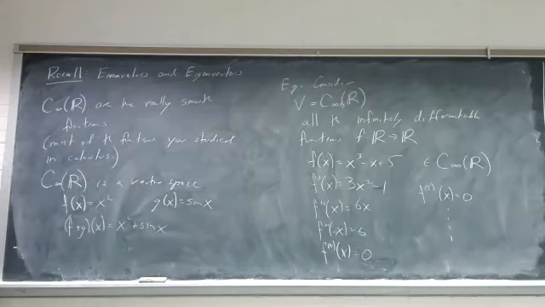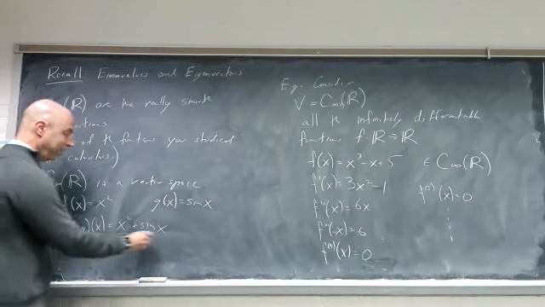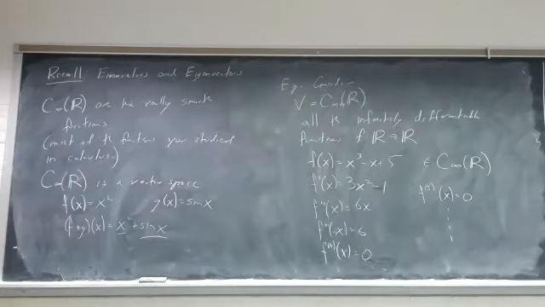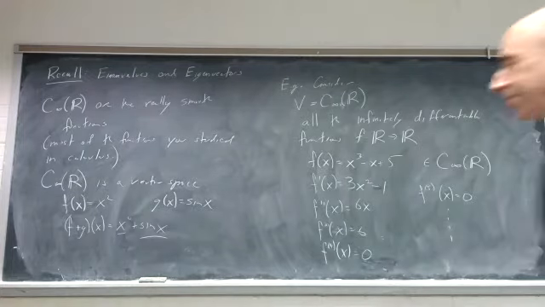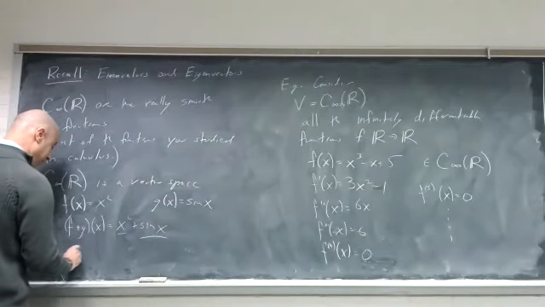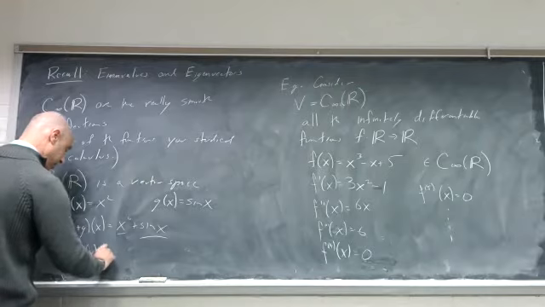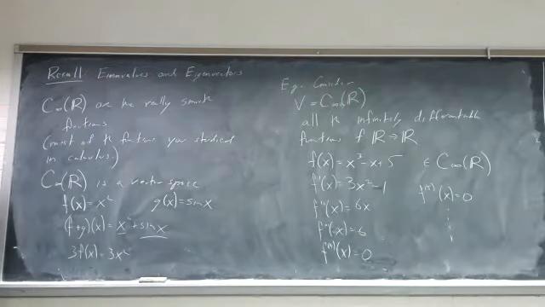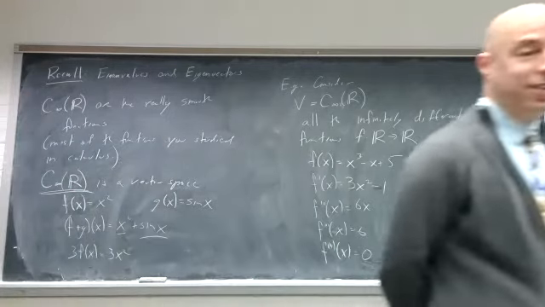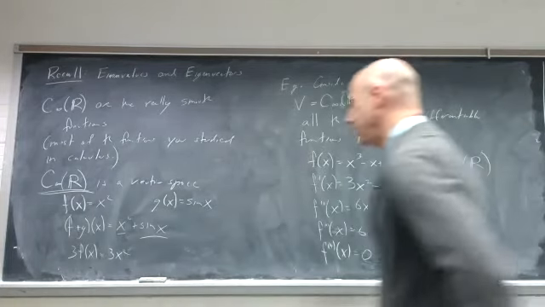You can take two functions and add them. If both are really smooth, you get a really smooth function. That shouldn't be a huge mystery. If I take a really smooth function and multiply it by a number, I get another really smooth function. So the set of really smooth functions is a vector space.